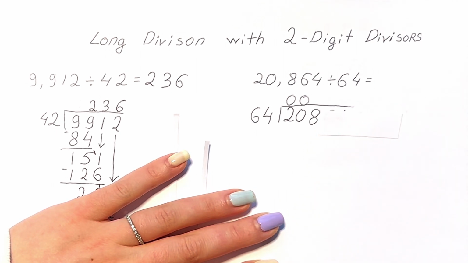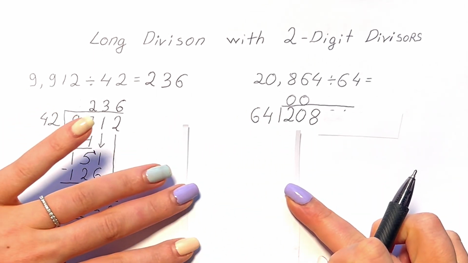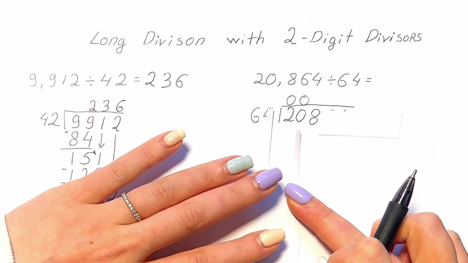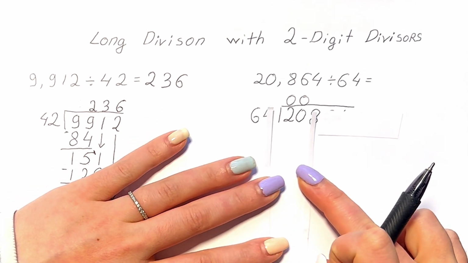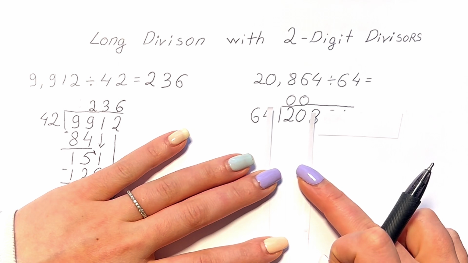64 goes into 208. Let's do the same technique. I'm gonna cover one digit from the divisor and one digit from the dividend. You can do it mentally too, but because you are just learning, I suggest you cover with a piece of paper.